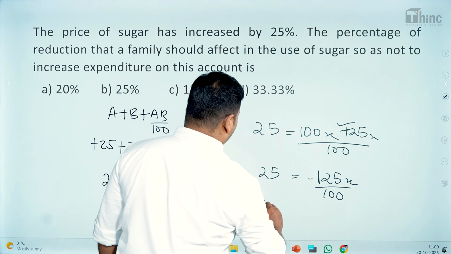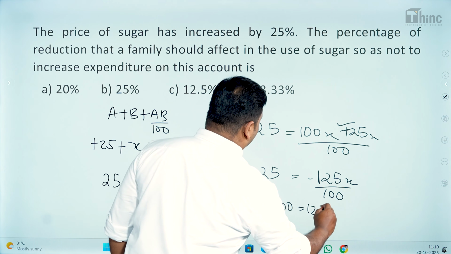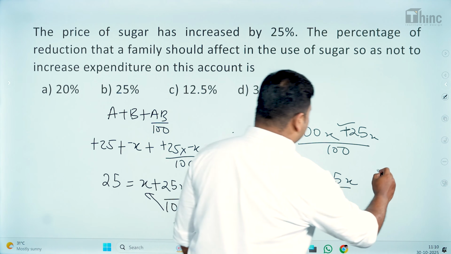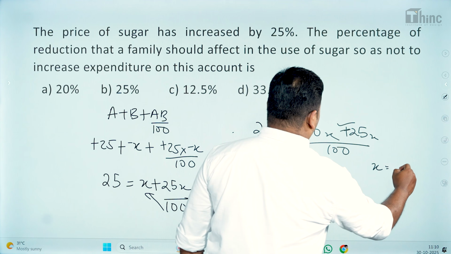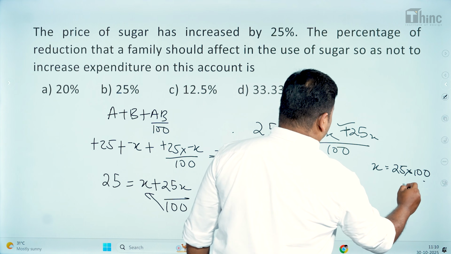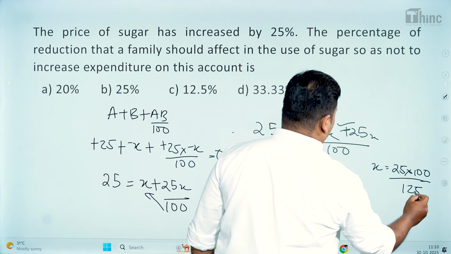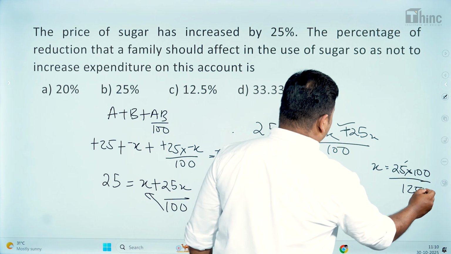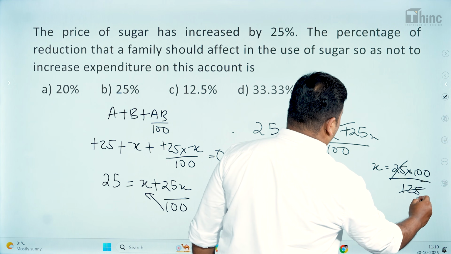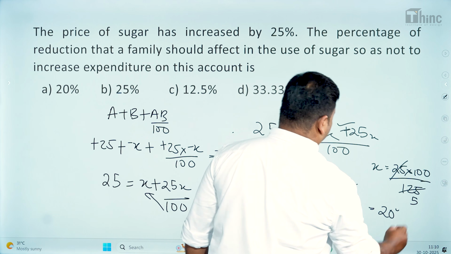So 25 into 100 equals 125X. So what is going to be X? X is equal to 25 into 100 by 125. Now we can cancel these two. So we'll get nothing but 20%.